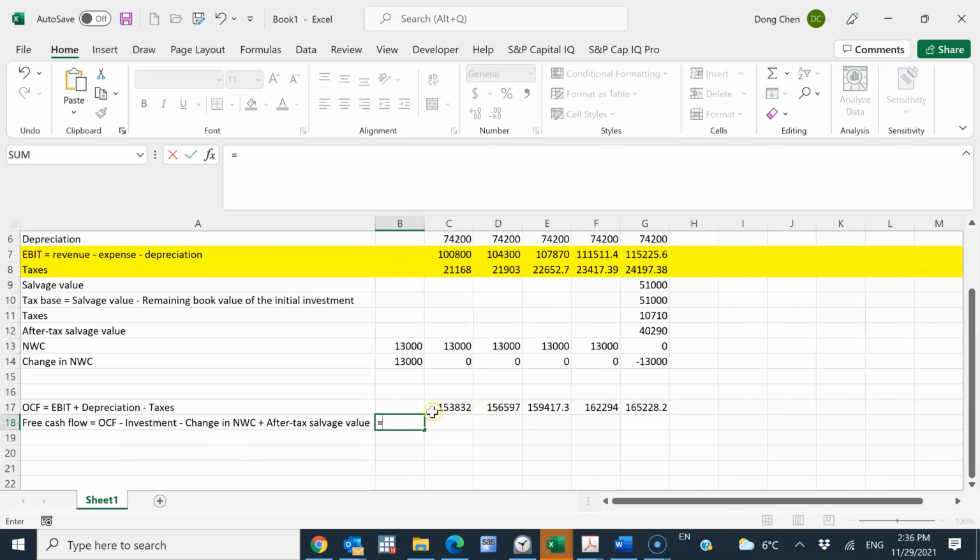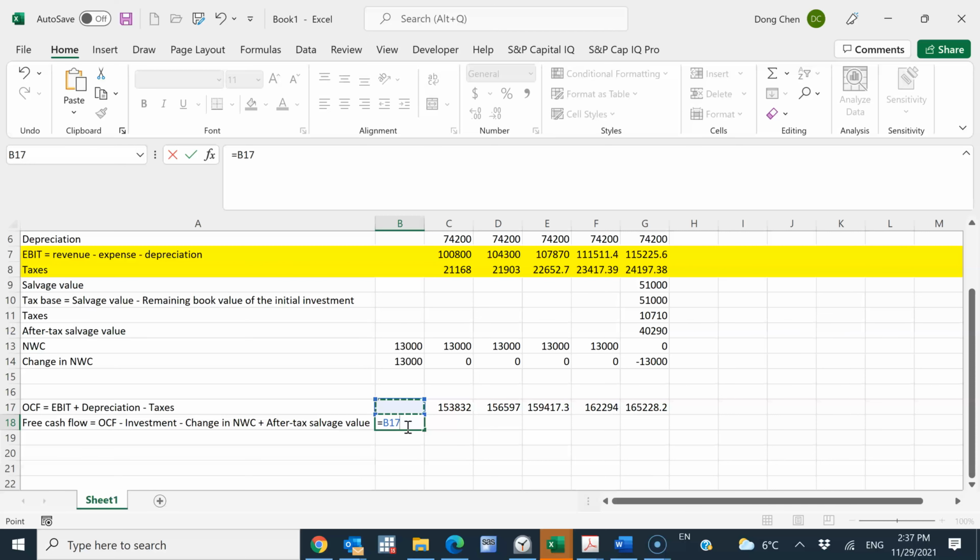So it's going to be OCF. Remember here, even though this sale value is empty, I still need to put the sale into the formula, because later on I want to drag this to all other years in order for Excel to automatically calculate the free cash flow for all other years.